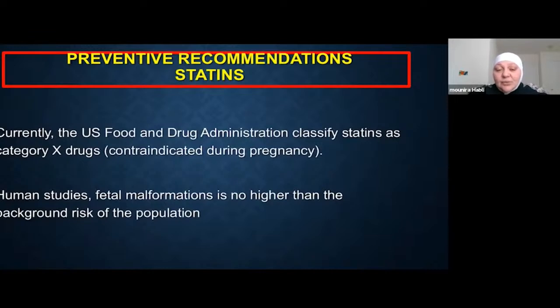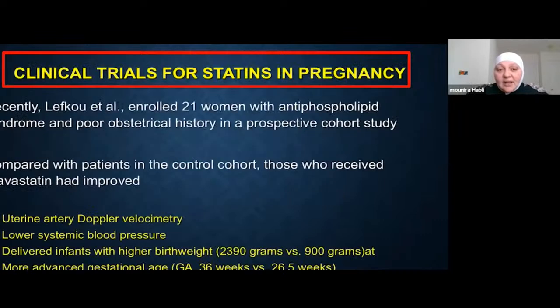Human studies showed that fetal malformation is no higher than the background risk of the population. A new study recently by Lefkou et al. enrolled 20 patients with antiphospholipid syndrome and poor obstetric history in a prospective cohort, compared with patients in a control cohort.